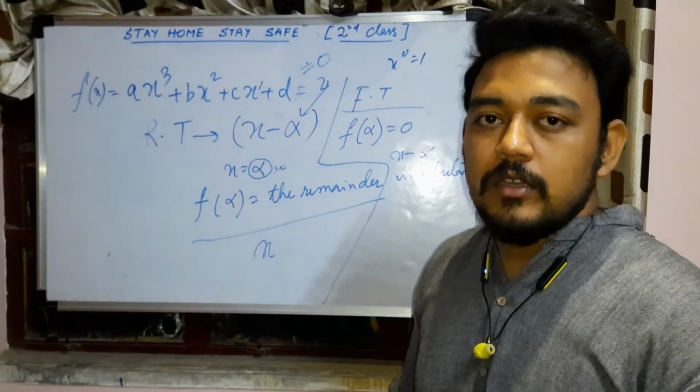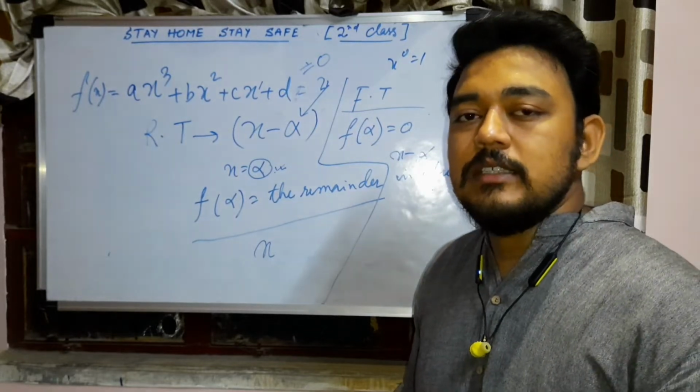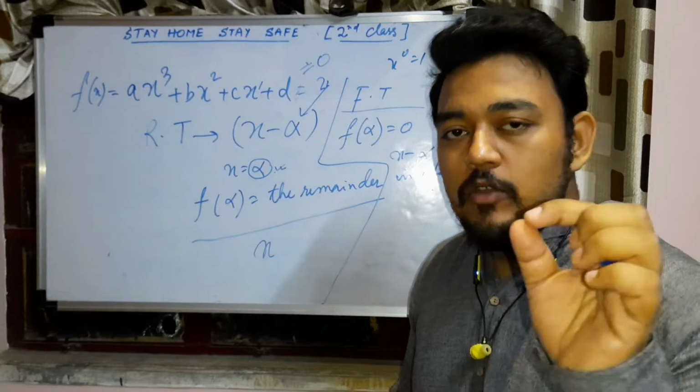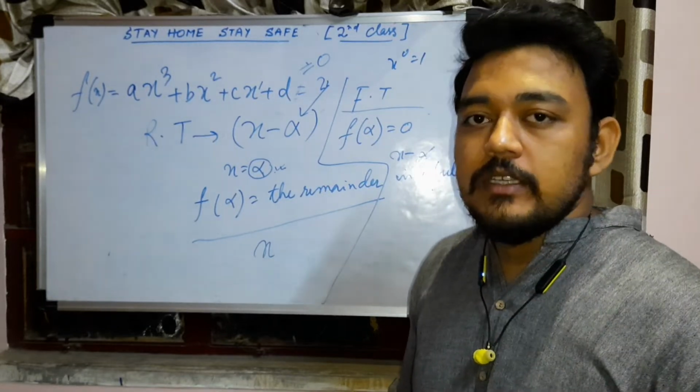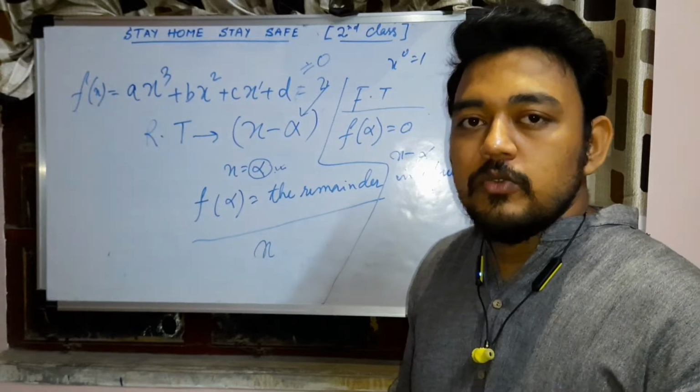I hope now I have cleared your doubt about the remainder theorem and factor theorem. Now let us take one example and I will show you in detail how to solve it, and then I will show you the two processes which I was talking about.